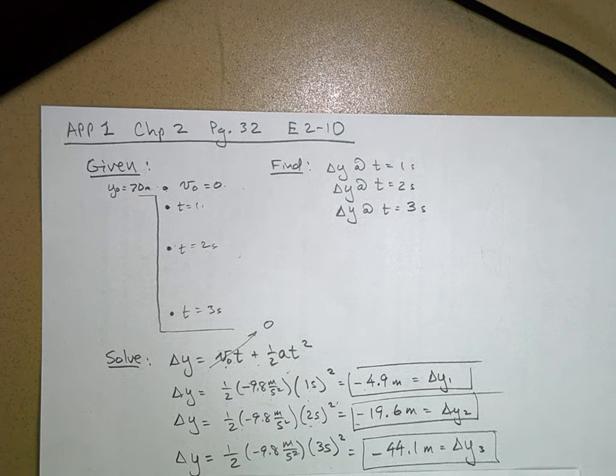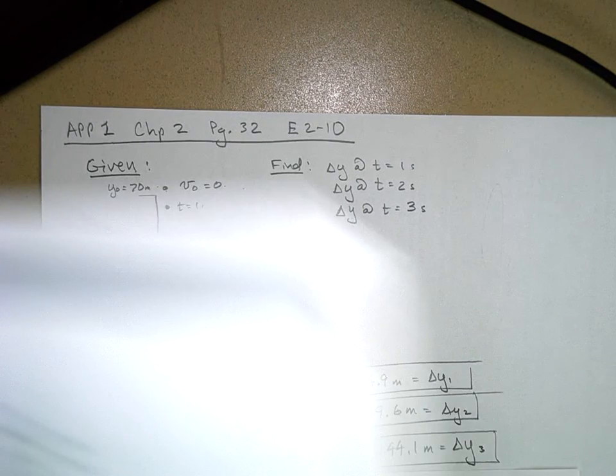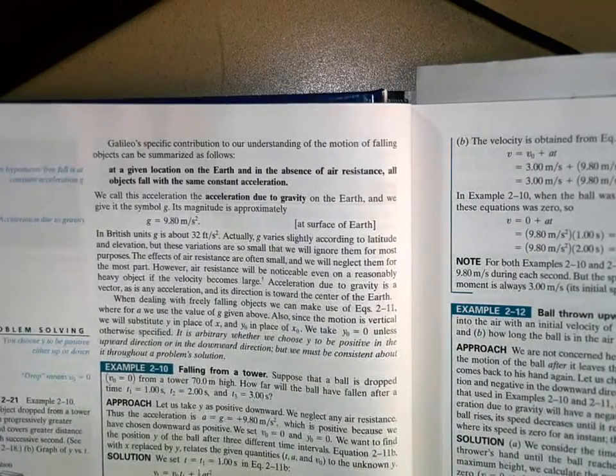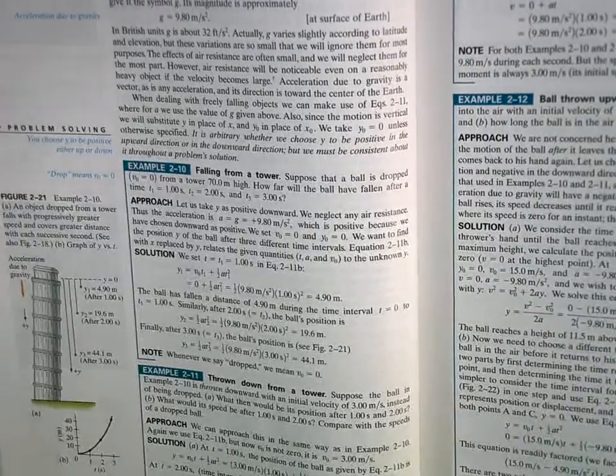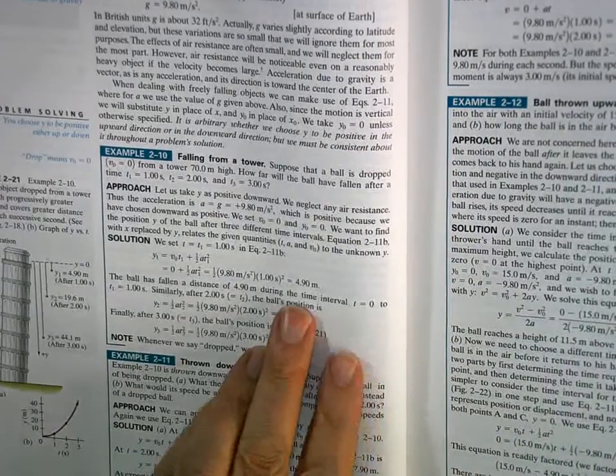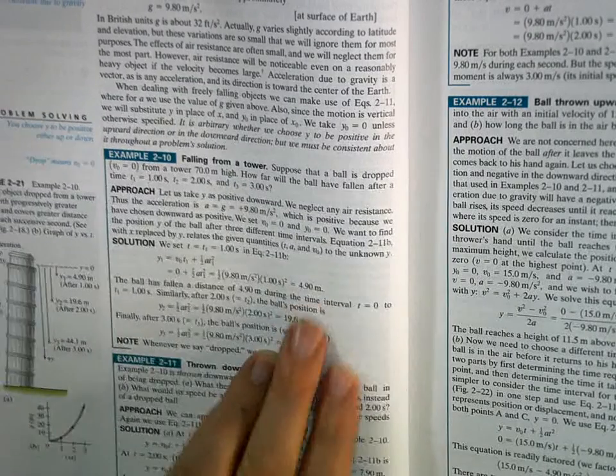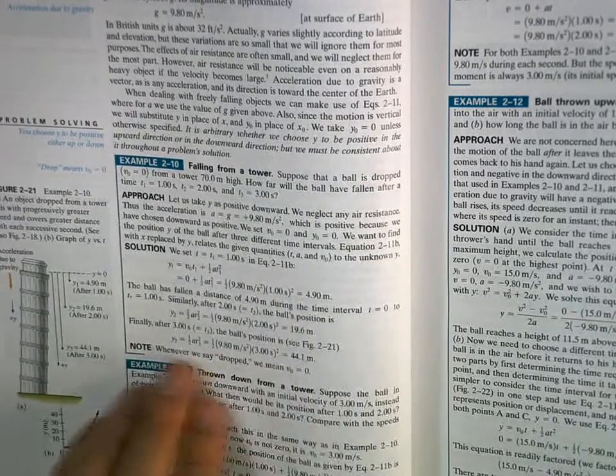Now, if you look at the book solution, we get the same answers, but I don't like their answers. The book says, okay, y1 is 4.9, y2 is 19.6, y3 is 44.1 meters.